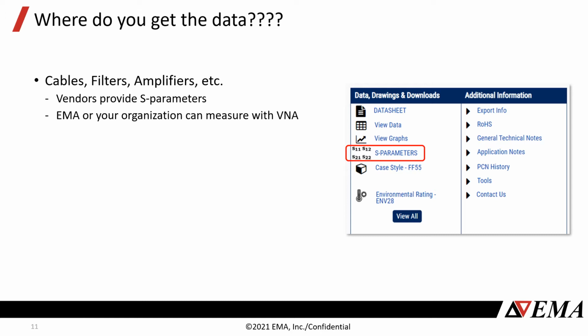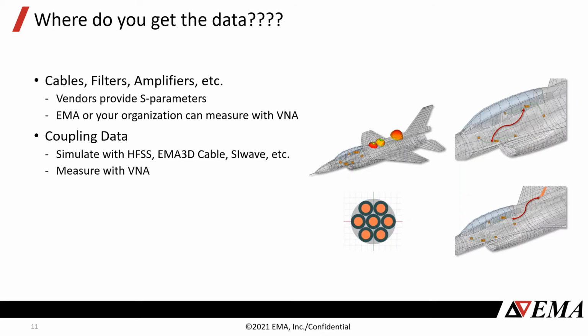If you can't get your hands on that type of data and you have a vector network analyzer, these are pretty simple, straightforward measurements to perform. If your organization can't or doesn't want to do that, you can have EMA or someone else measure them for you.